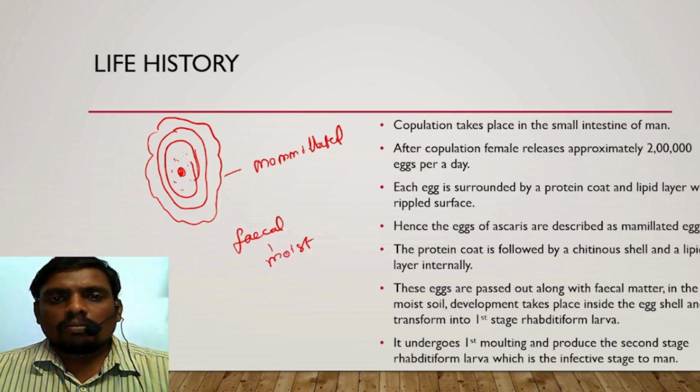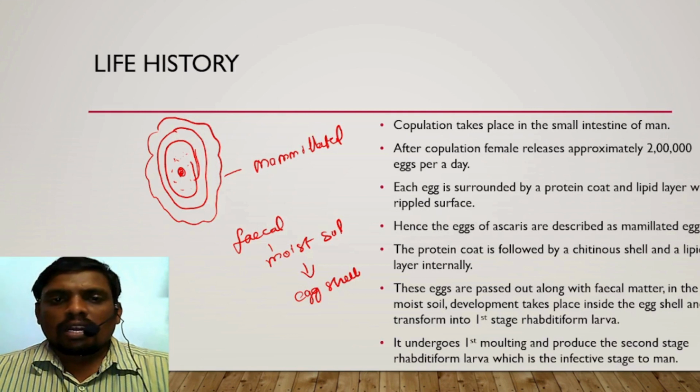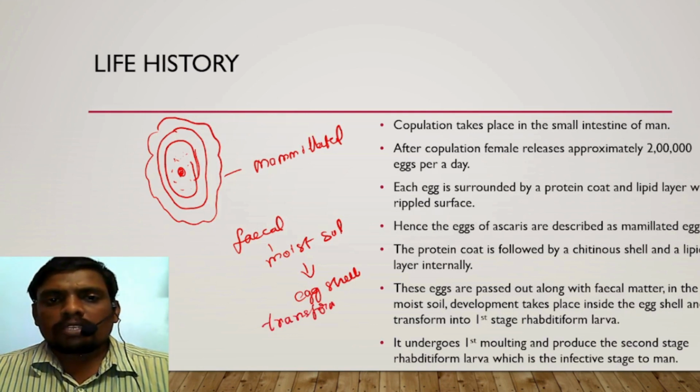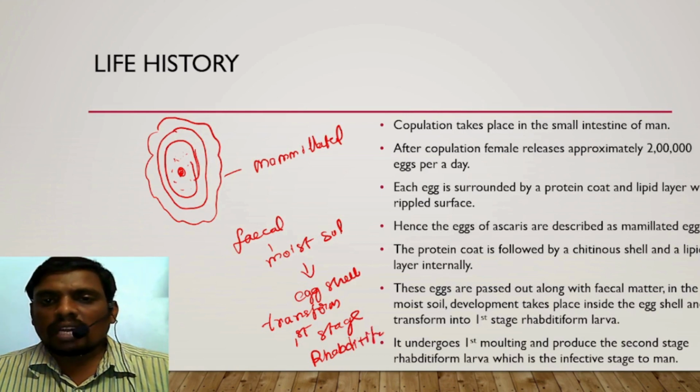In the moist soil, development takes place inside the eggshell and transforms into the first stage rhabditiform larva.